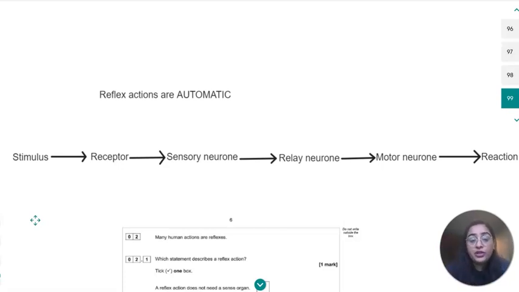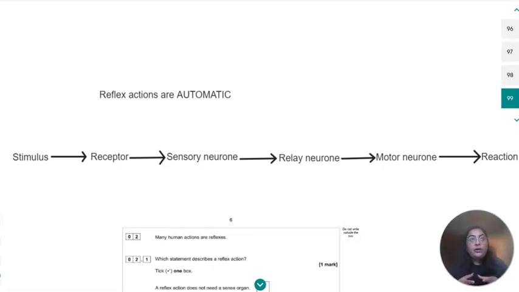So what the receptors will do is they'll send a message to our sensory neurons. Now, our sensory neurons have a job, and that is to send any information that they receive to the relay neurons. And the relay neurons are in our spinal cord, and they basically act like a train station or a train schedule. Our relay neurons tell us where the response is needed.